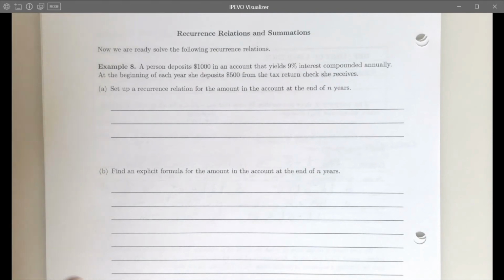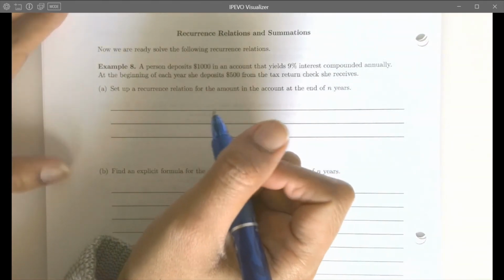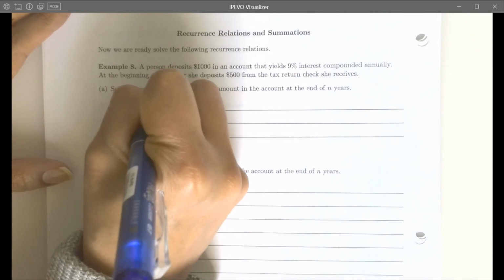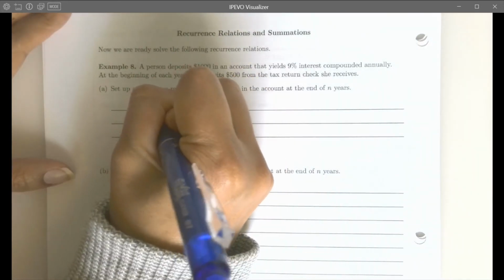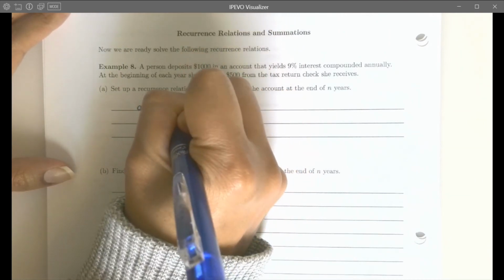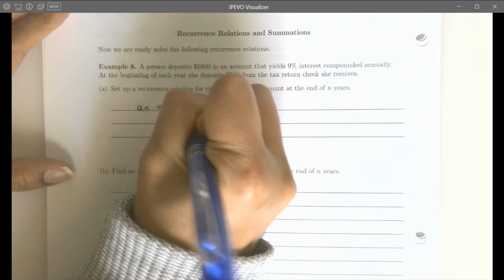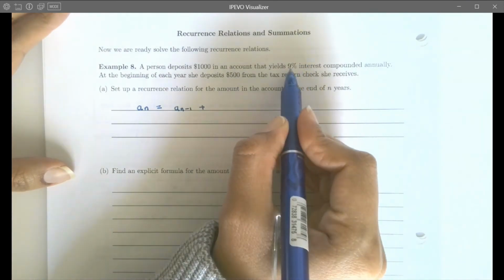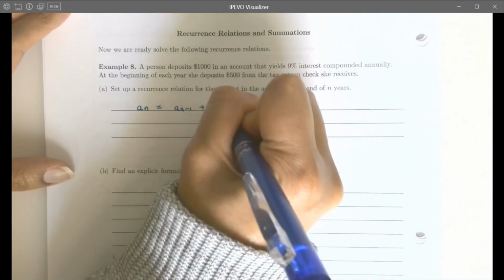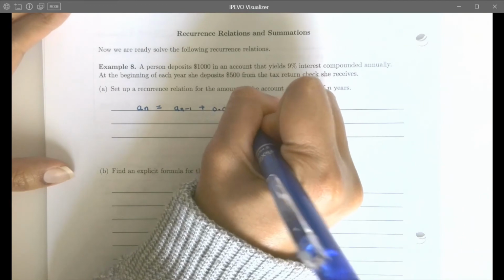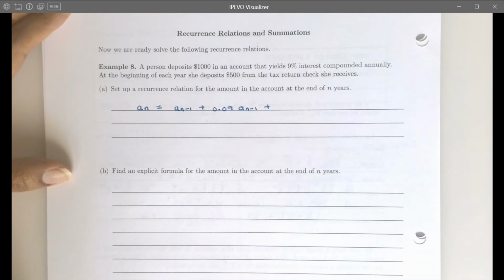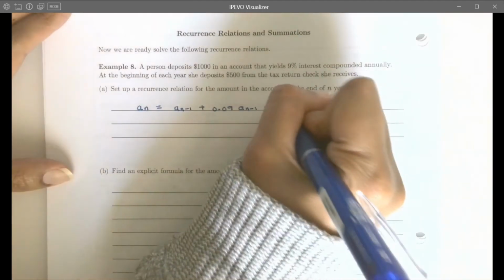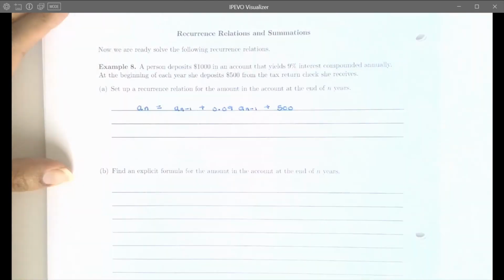So the first part, we're just defining the rule. We're going to let A sub n denote how much is in the bank after the nth year. And so that's going to depend on what was in the account the previous year, plus how much interest accrued, which they tell us is 9%, so that's 0.09 times the previous year, plus the $500 that she deposits at the beginning of the year.